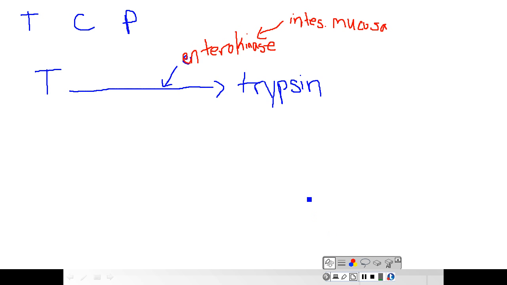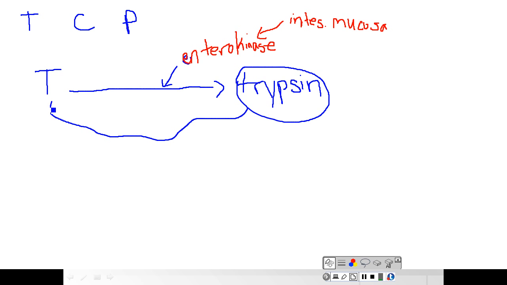Now this trypsin that is formed plays a huge role. When it's described as autocatalytic, it means it's going to help with converting the trypsinogen again into more trypsin.